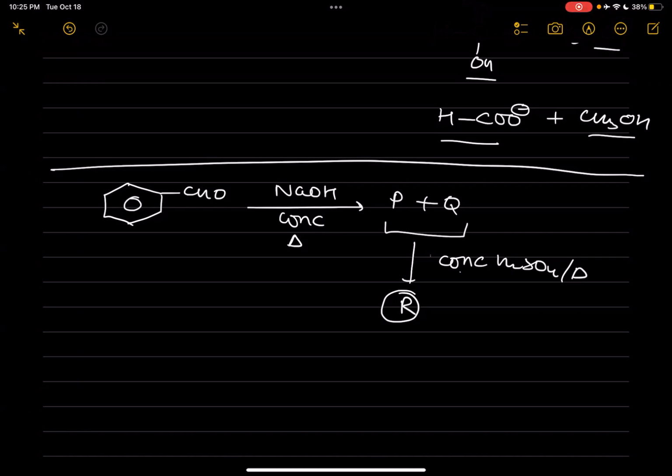Sir, benzoic acid, sodium benzoate, and the other like a benzene with CH2OH, the methanol group. And it's not going to change the carbon.